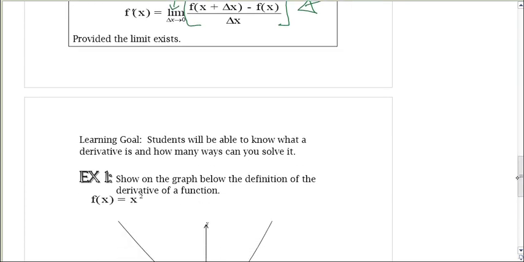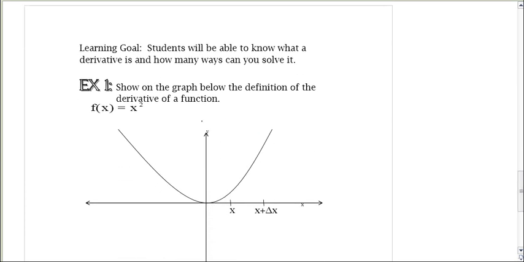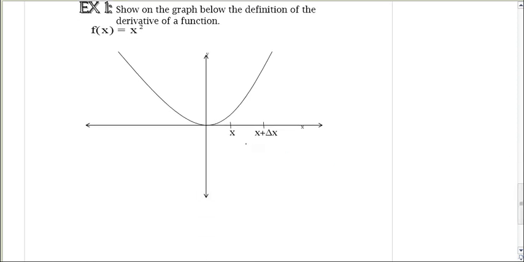I want to go to example 1. In example 1, I've got a parabola, and I don't have enough time to show you the proof of it, but just know we're going to actually prove that we have a tangent line at x that kind of looks like this.